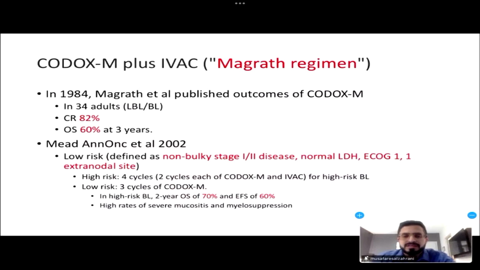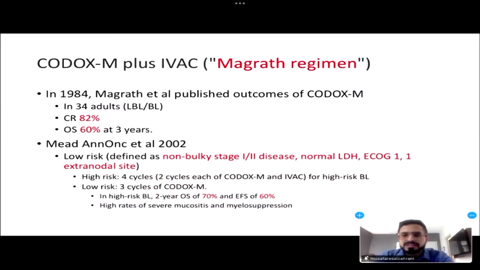In this study that was published in 2002, they defined patients with low risk as non-bulky, stage 1 or 2, normal LDH, ECOG 1 or less, and 1 or fewer extranodal sites, and other patients were high risk.